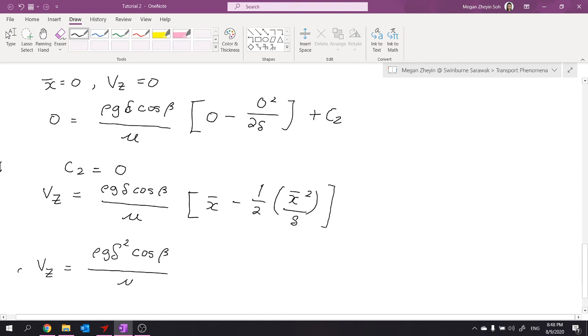So this term has to be divided by delta, x bar over delta, minus 1 over 2 times x bar over delta squared. Because we have to divide by delta again since we took delta out. And this will be your final solution.